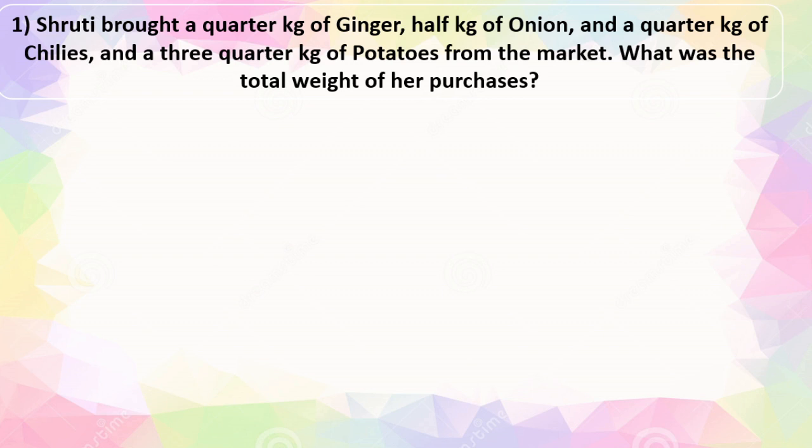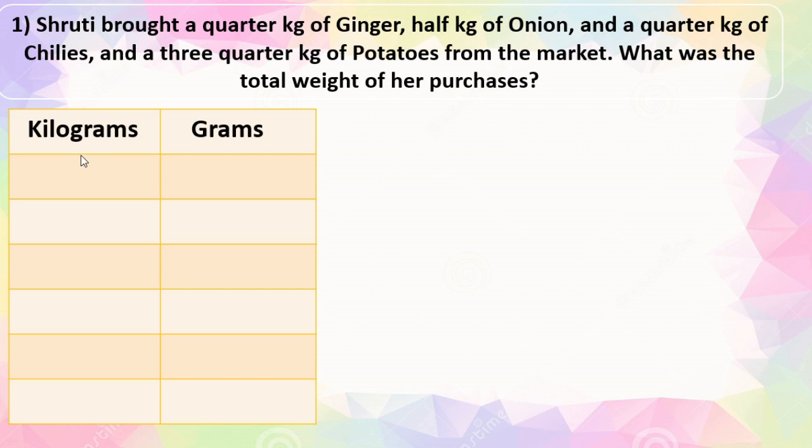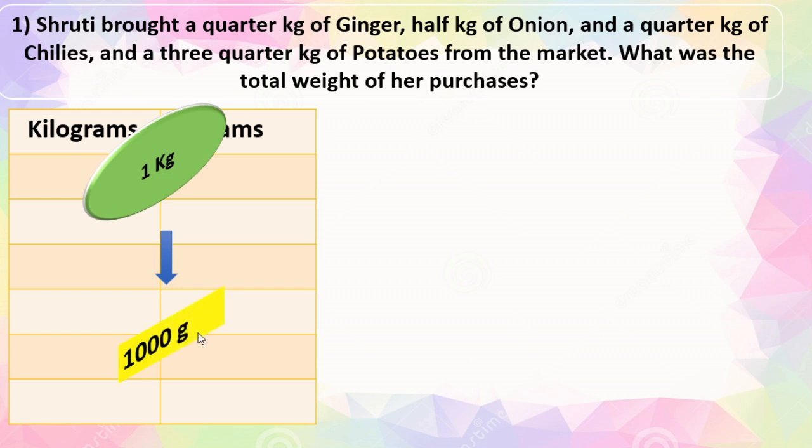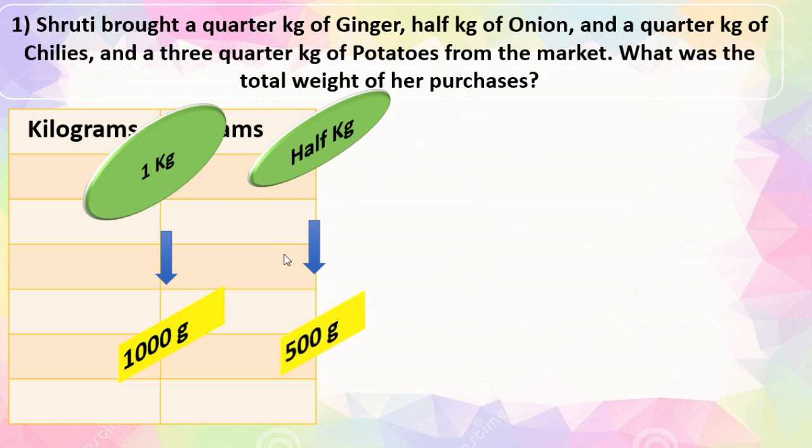Here we will make a table first. Kilograms, grams. What all she brought. And before that we will go through this. 1 kg means full 1 kg, that is 1000 gram. Half kg means 500 gram. We will write each and everything in grams.